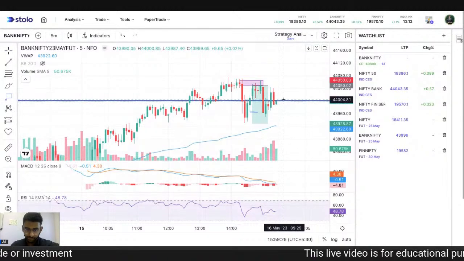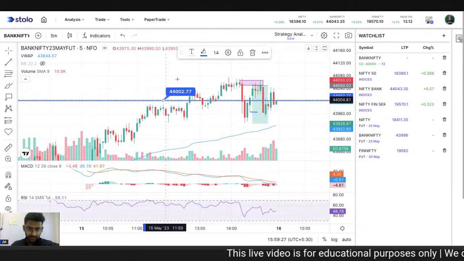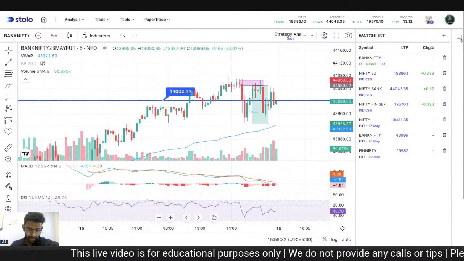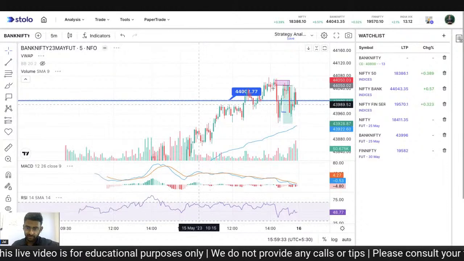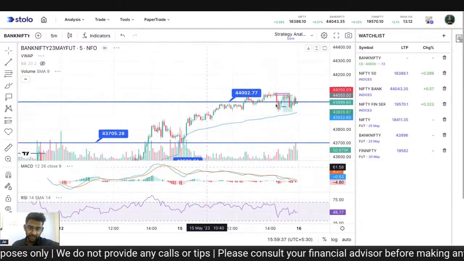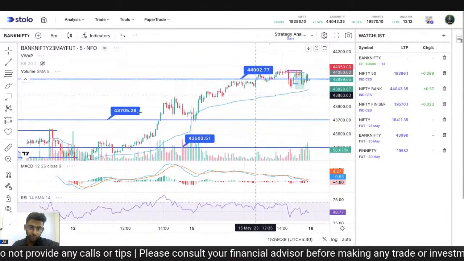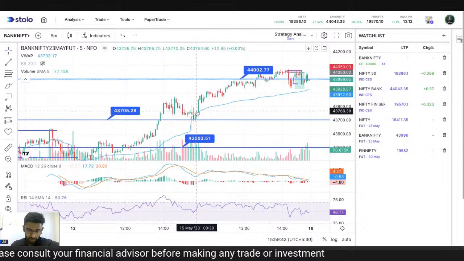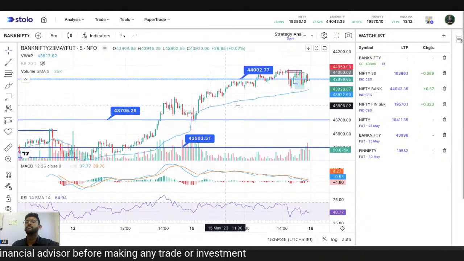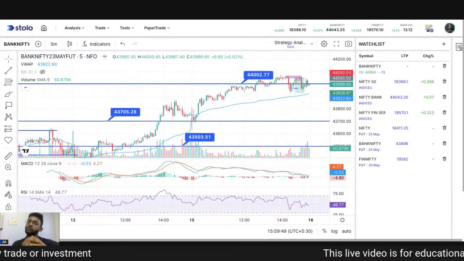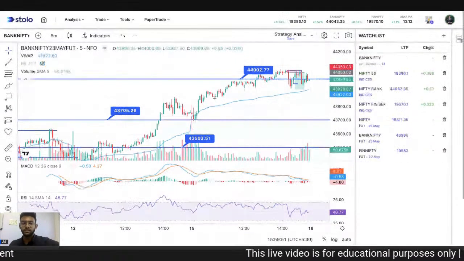Because this is a very good resistance level that we were looking at from before, and I think this resistance was drawn before, right? Today is also when it broke, and our support looks at 43,700, right? That was again the day low of today itself.